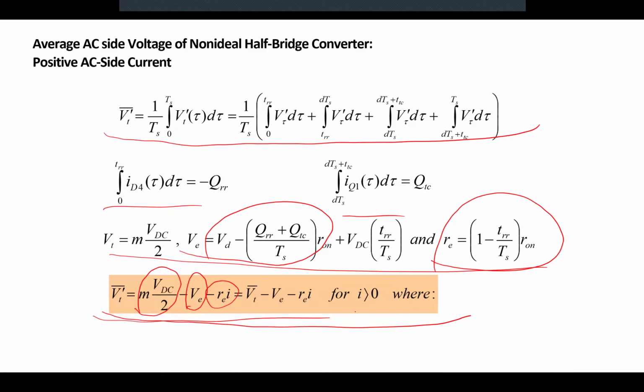Any question? Go through that mathematics. Do that mathematics by yourself. It is on the PowerPoint, but I encourage you to do that. That makes you understand better.